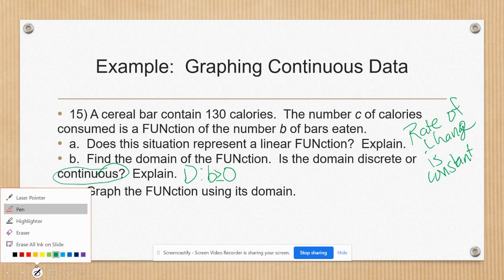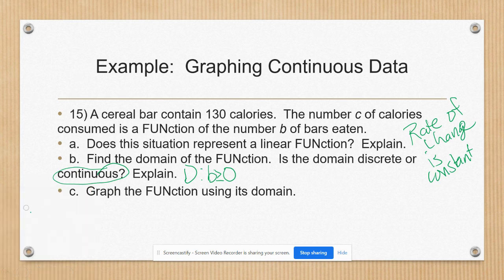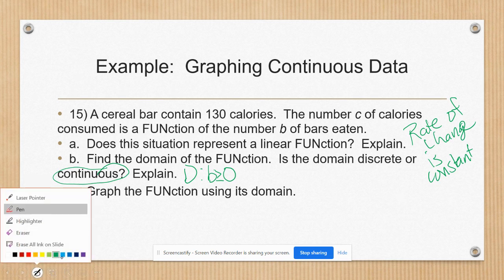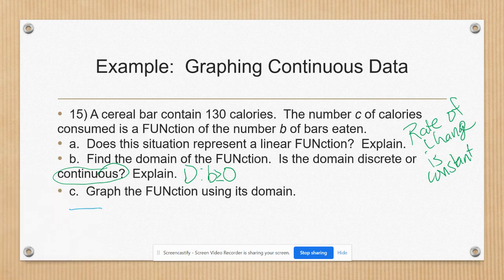If I again want to make a little table to get me started on how to graph this, I'm going to do 0, 1, 2, and 3 bars. So at 0 bars, we would have 0 calories.